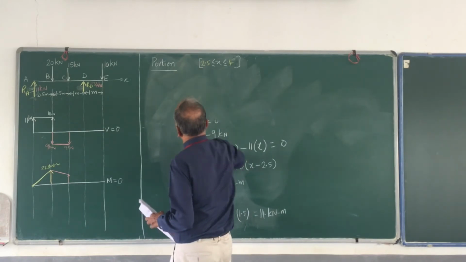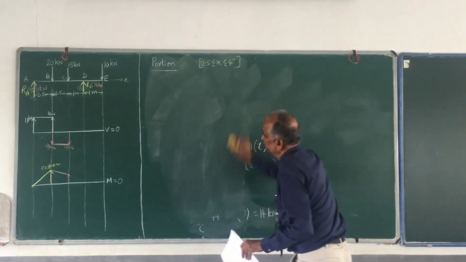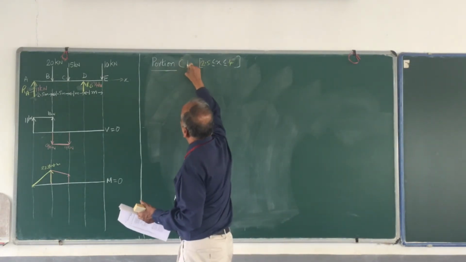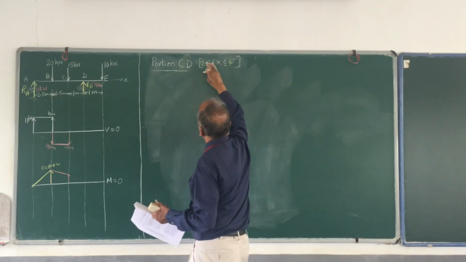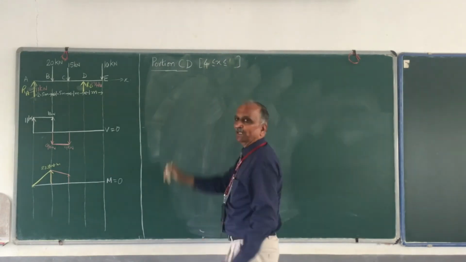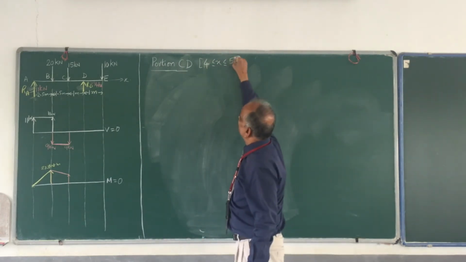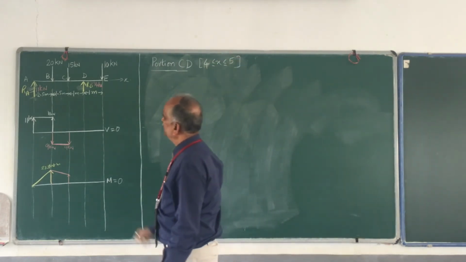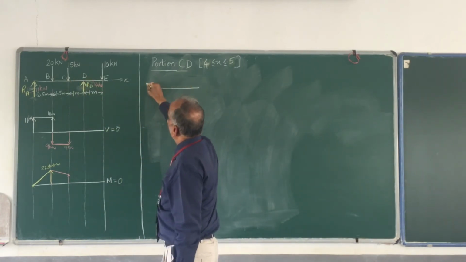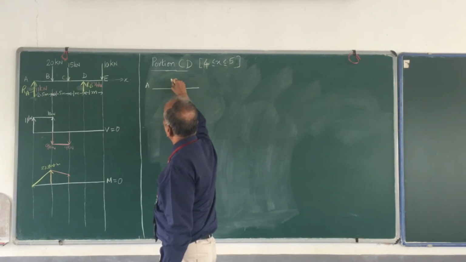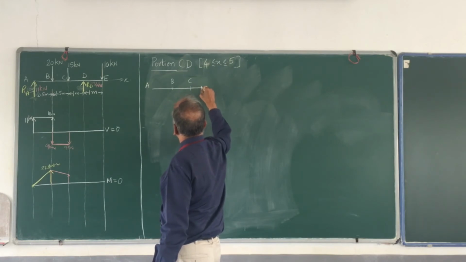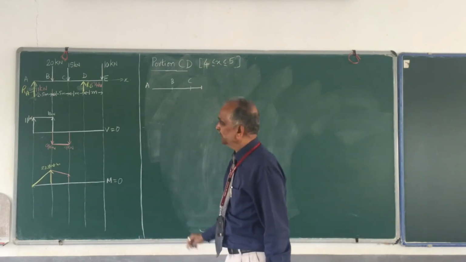What is the next portion? The portion CD. For the portion CD, now this becomes 4 and this becomes 5. Between C and D, you have A, B, and C, and this is the portion where you have cut it. D has not been reached yet.